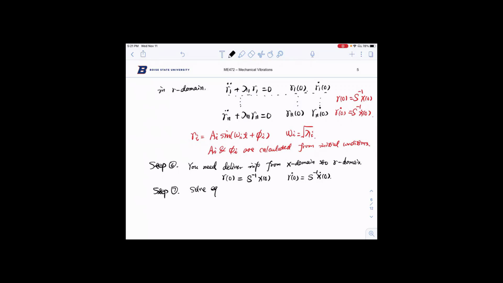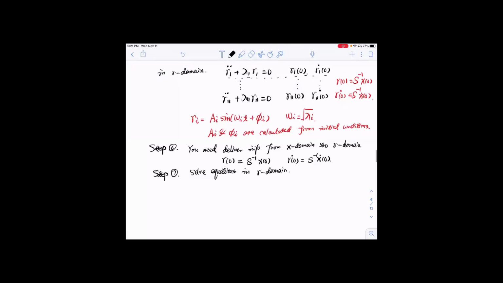solve equations in R domain. As I said, in R domain, everything is decoupled. You don't have to do anything special. So in our case, in R domain, you need to solve 2 equations here.